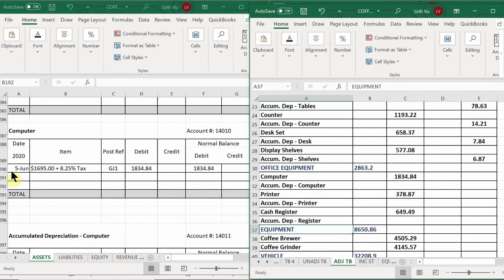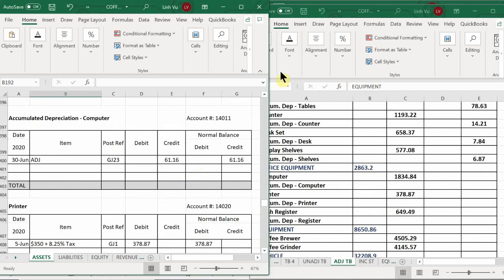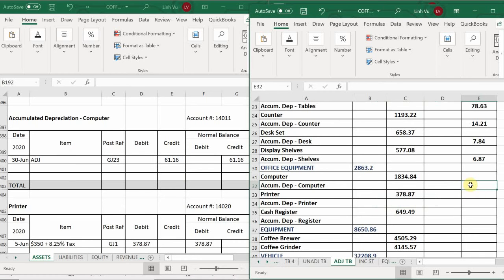My computer is still 1834.84, but what's my accumulated depreciation on that one? 61.16.